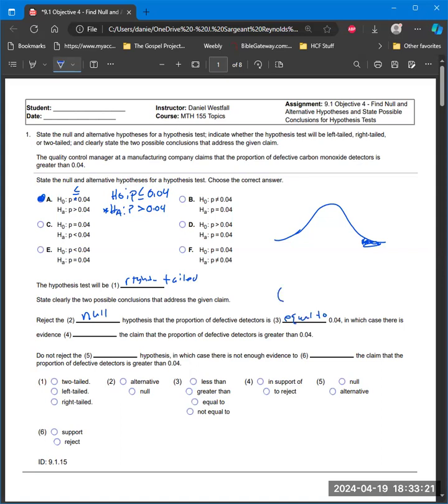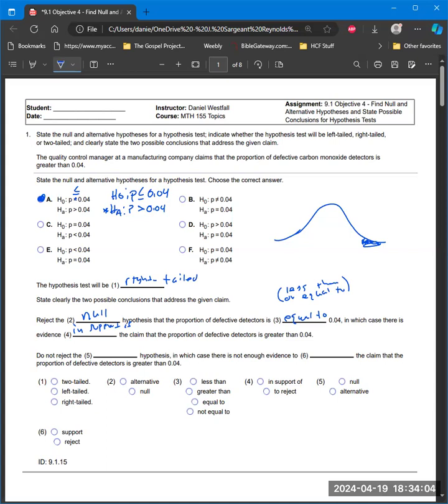I would say here less than or equal to 0.04, in which case there is evidence in support of the claim that the proportion of defective detectors is greater than 0.04.